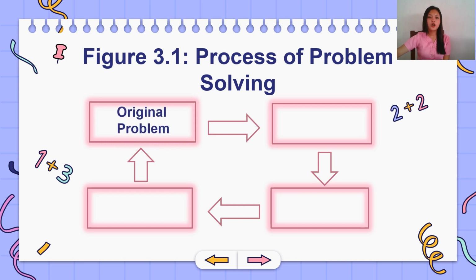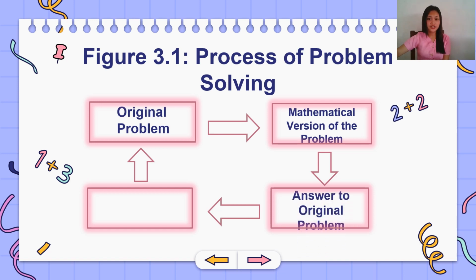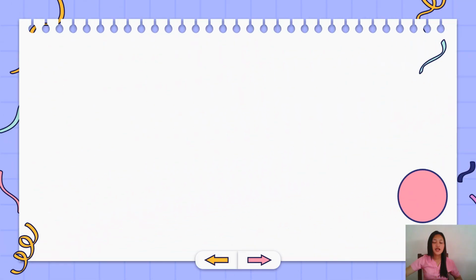First, we have the original problem, translate to the mathematical version of the problem, solve, then we have the answer to the original problem, then interpret to have the solution to the mathematical version, then after that we will check. So we will go back to the steps made by Polya.